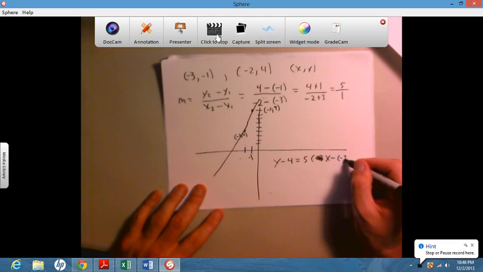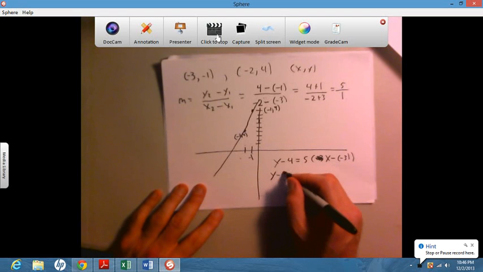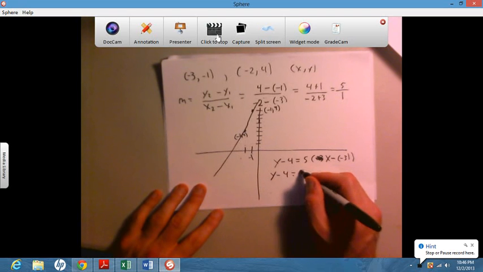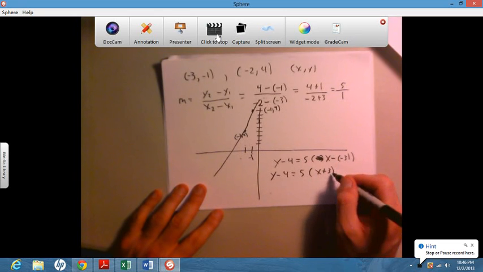Sorry about that. So y minus 4 is equal to 5 times a negative, and a negative is a positive, so it's x plus 3. And this is called the point-slope form.